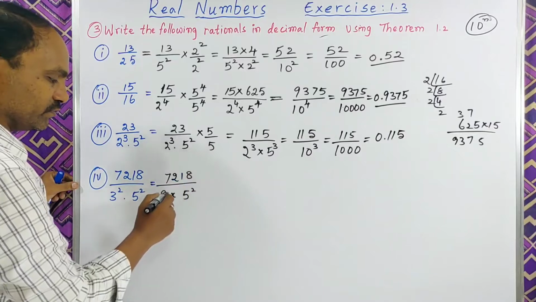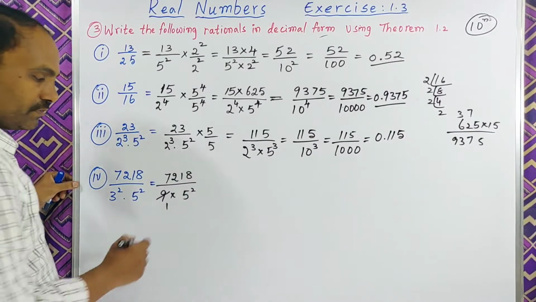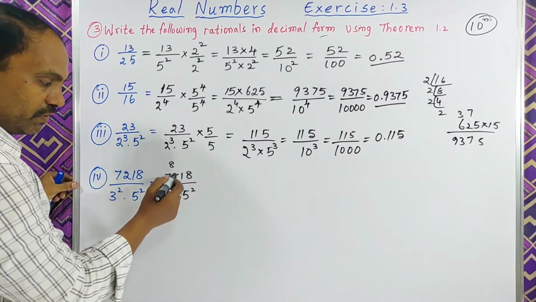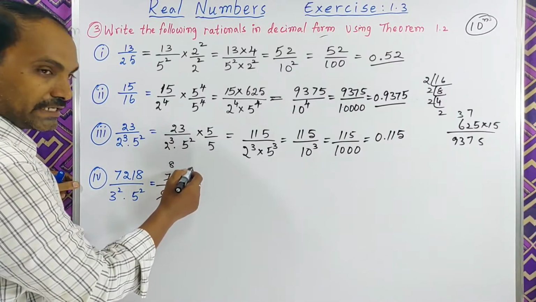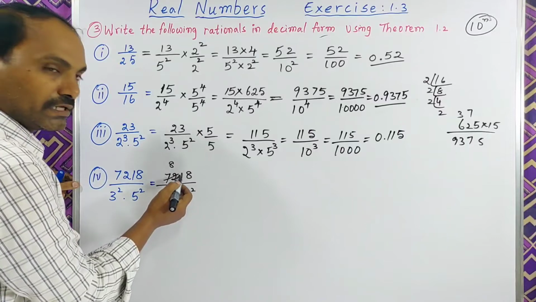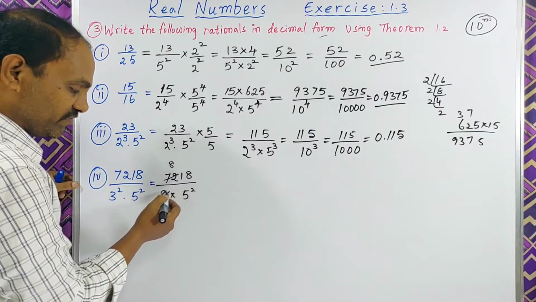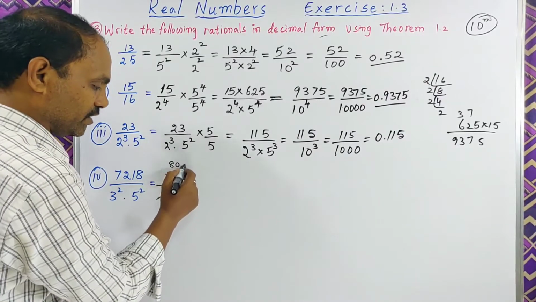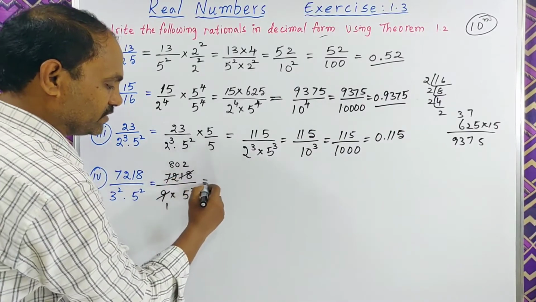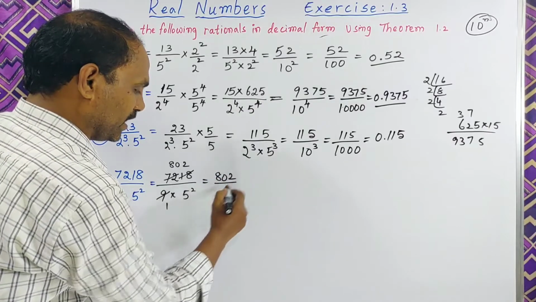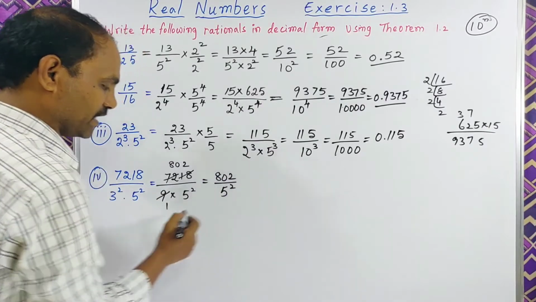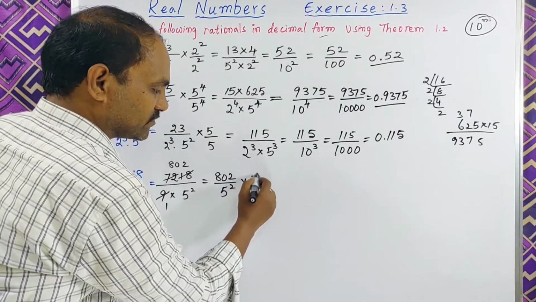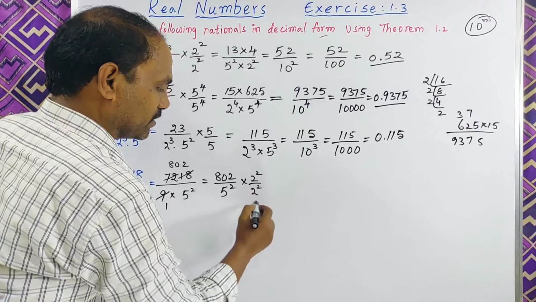We can divide 7218 by 9. 9 ones are 9, 9 eights are 72, and don't take 9 twos directly. Take one digit; it cannot be divided by 9. That's why 0, and then take 18. 9 twos are 18, so 802 by 5 square remains here. 9 cancels. Then we need 2 square, that's why we multiply with 2 square.